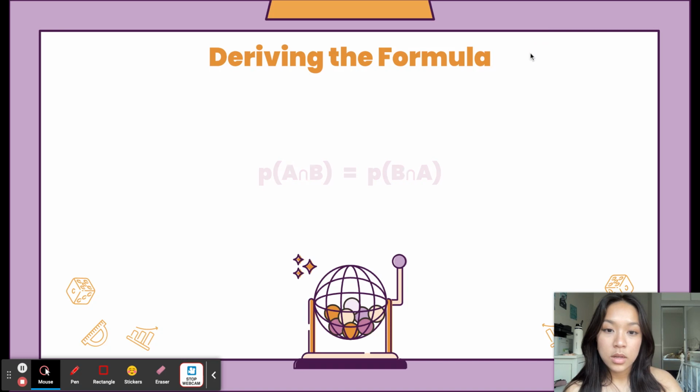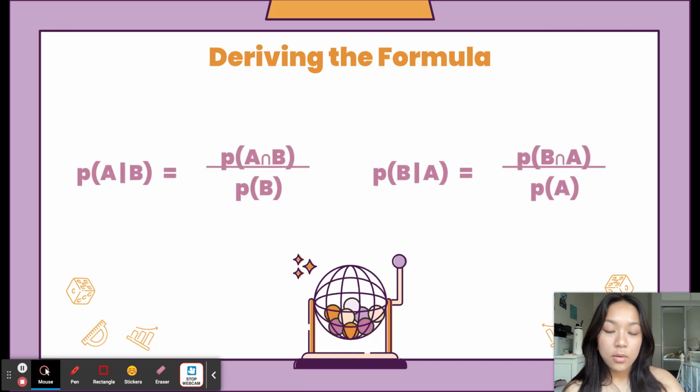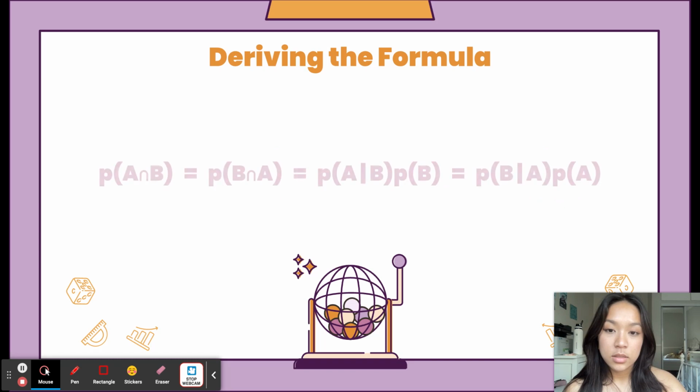So knowing this now, we can multiply out the denominators from both sides so that we can get the equivalent.